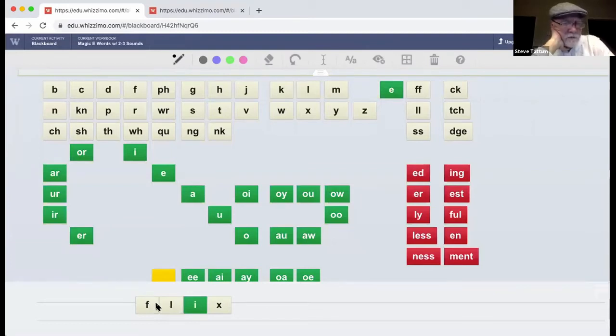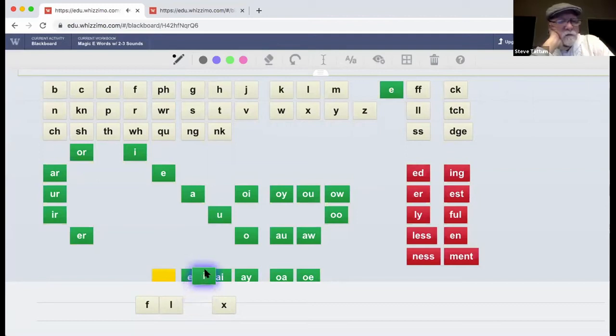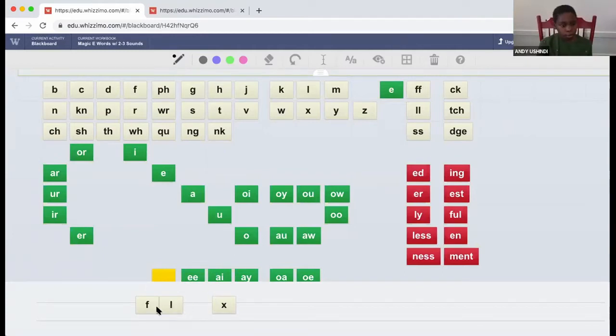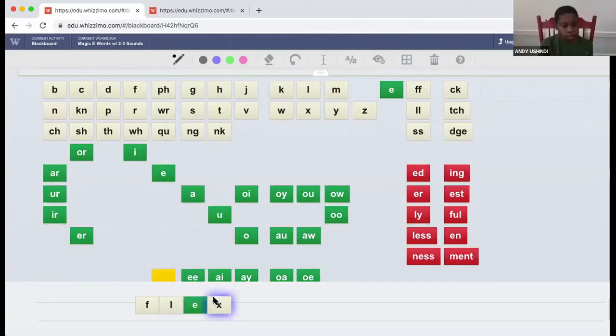Starting with the F. Okay, now finish the word. Drop that and finish the word. Flex. Good. Now, all right, good. What's the word? Flex. All right, you got flex.